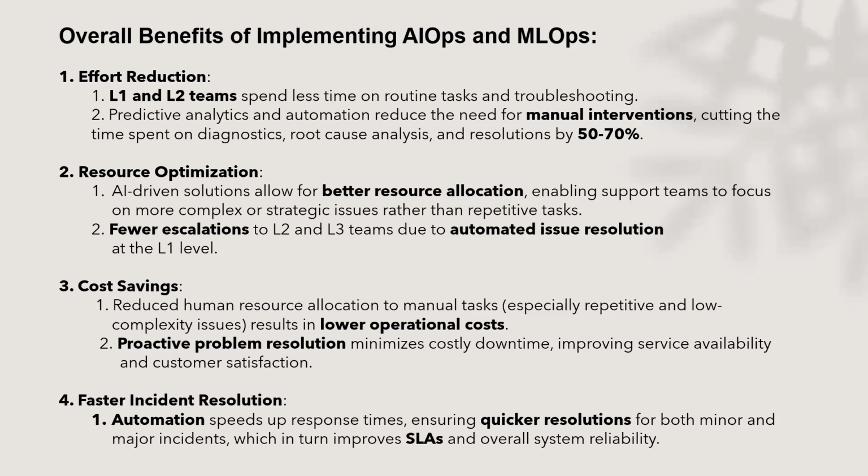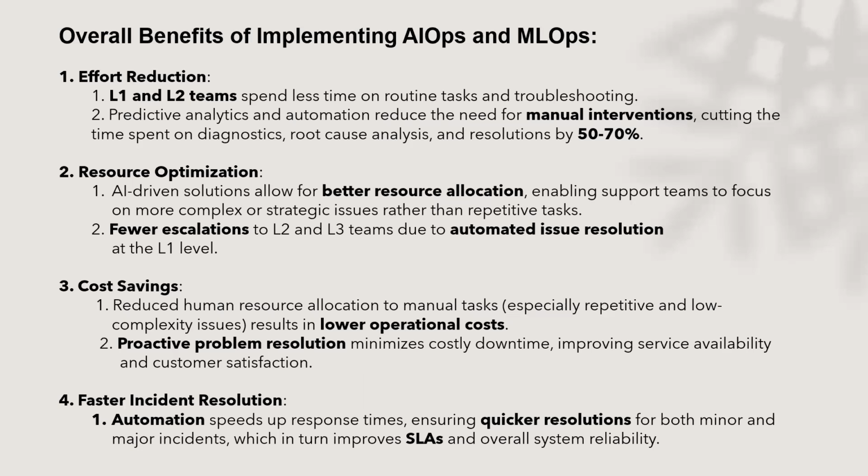Proactive problems resolution. Instead of having a reactive problem resolution, we have the proactive approach here, which means, for example, predictive analytics helps you predict based on the historical data. It helps you predict if there's going to be a problem. So that's a proactive approach.